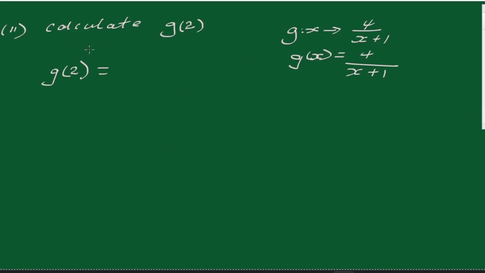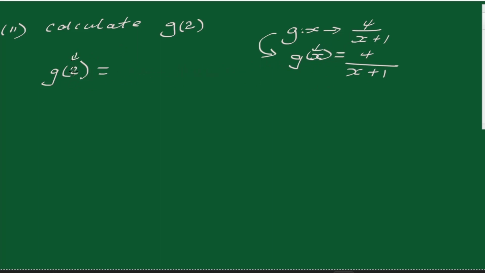Looking at the second question, calculate the function g when the input is 2. So you're going to calculate g2. Again, the function was given as g is such that x maps onto 4 over x plus 1. You're going to change it into the equation format where you have g of x equals 4 over x plus 1. And to the function g, we're going to input 2, because remember, 2 now replaces the x in the function.